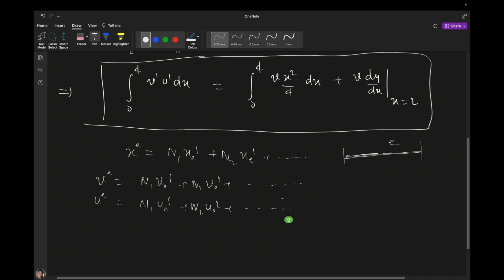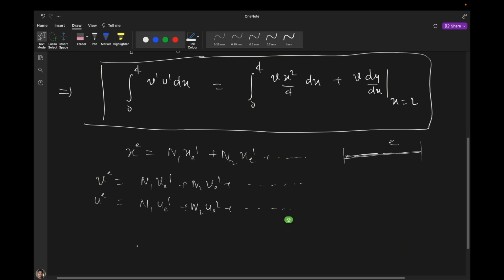Now here N1, N2 depend on which type of polynomial we are selecting, whether it is a quadratic polynomial or linear polynomial. Based on that we will write these x, v and u_e vectors.